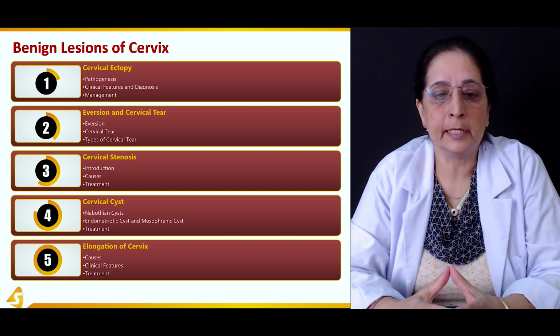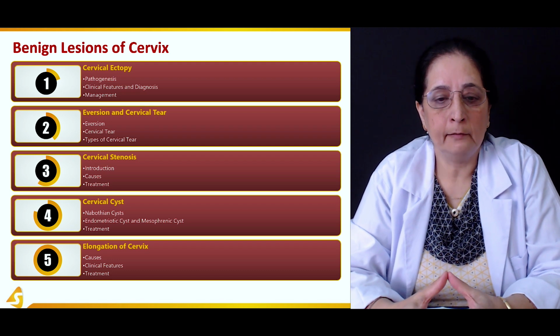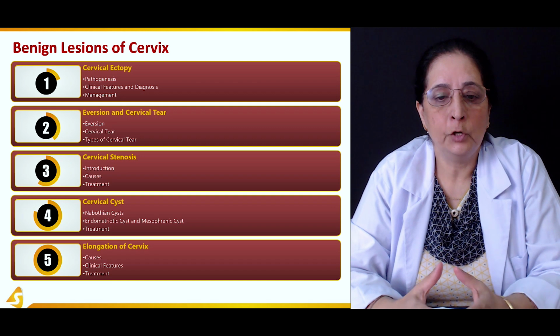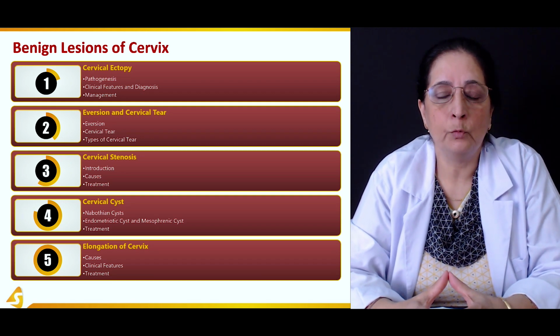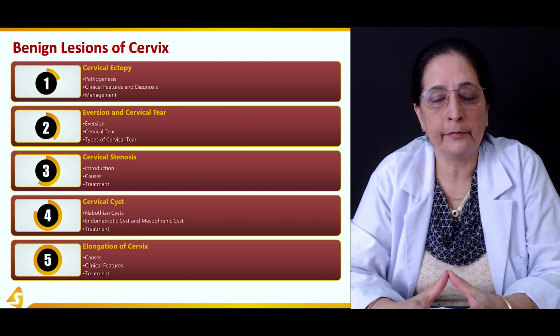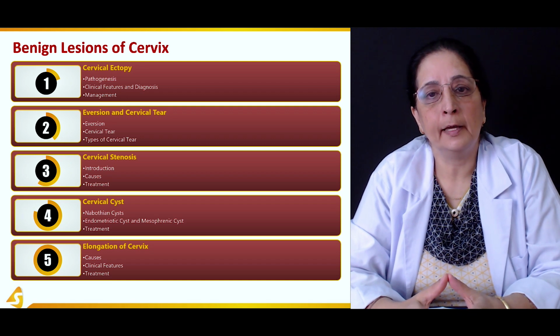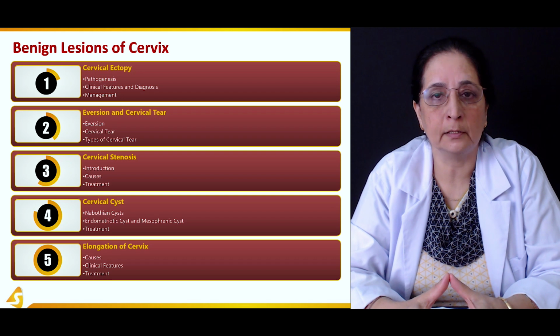Then in the fourth section, we will talk about different cervical cysts, in which we will talk about the Nabothian cyst, endometriotic cyst, and mesonephric cyst, and what's the treatment of the different cervical cysts present. Then in the fifth and final section, we will talk about the elongation of the cervix.